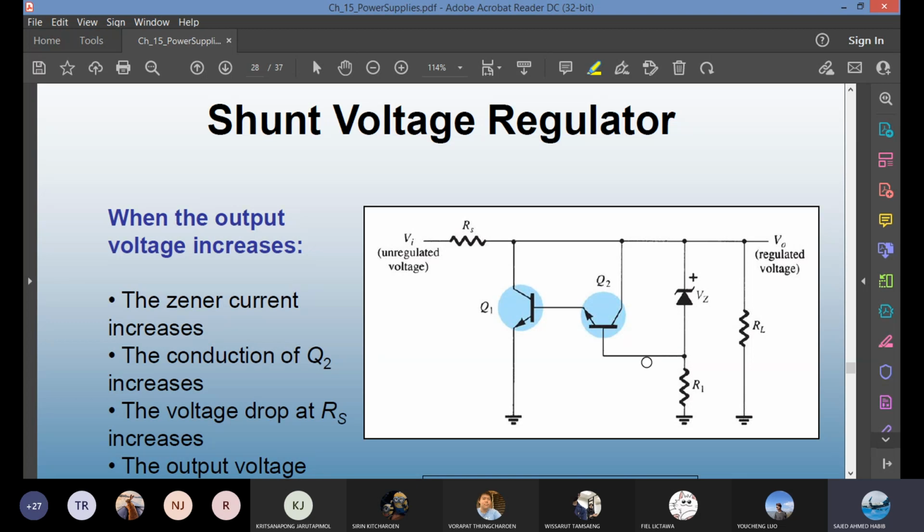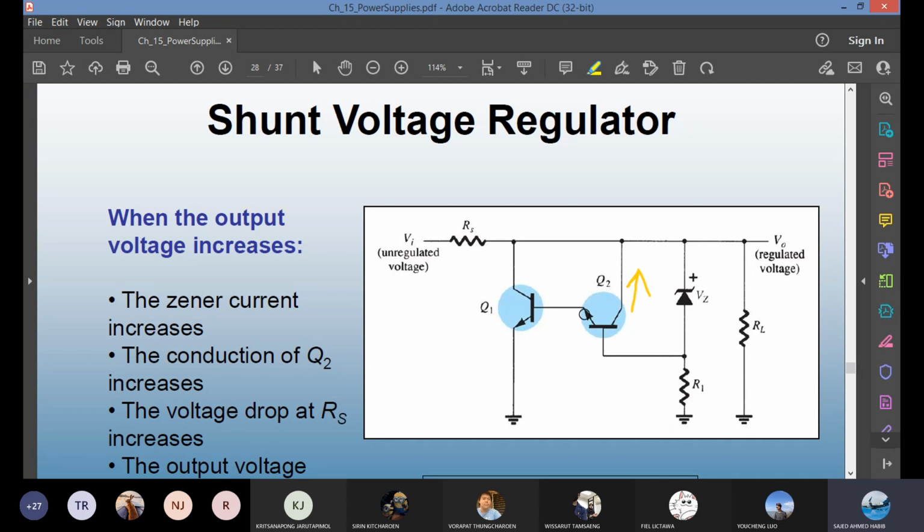See how it is connected with Q2. An increased Zener current will increase the conduction of Q2. The Q2 conduction, I'll put an up arrow, goes up.